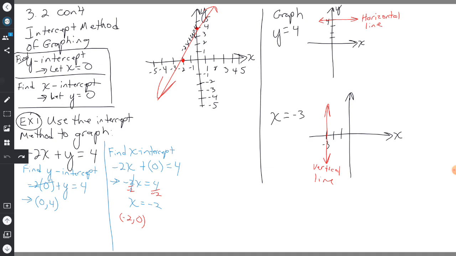After that we find our x-intercept. To find our x-intercept, we let y equal 0 in the equation. So in the same equation, we substitute 0 in the place of y. That leaves us with negative 2x is equal to 4.